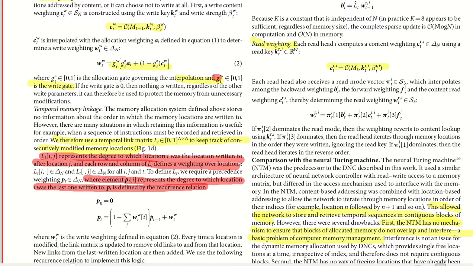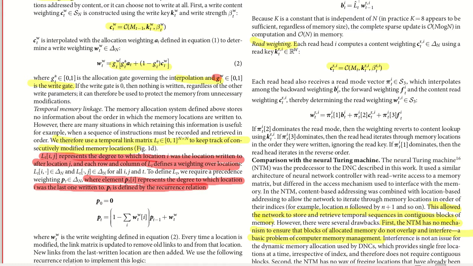So if the matrix was just 0s and 1s, and I give you a vector 0, 0, 1, meaning location 3, and multiply it by this matrix L, that will give us what element came before element 3. It will tell you, say, element 1 came before element 3. That is useful to retrieve the sequence in the same order.